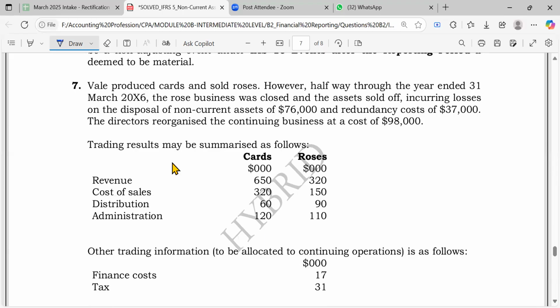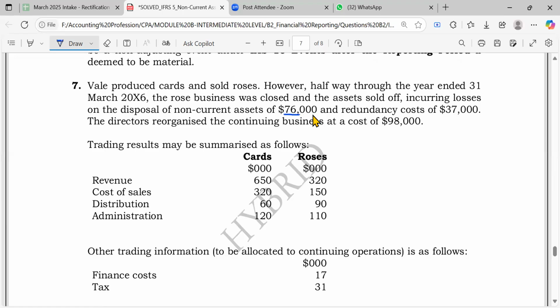Okay. The question says, Vel produced cards and sold roses, right? However, halfway through the year ended 31st March 2026, it means the year started 1st April 20x5, the rose business was closed and the assets sold off, incurring losses on the disposal of non-current assets of $76,000 and redundant costs of $37,000.